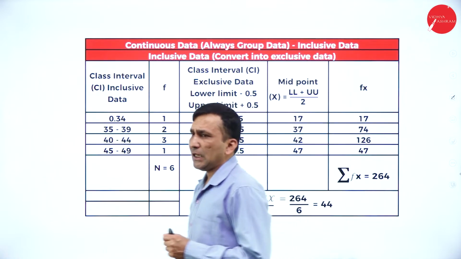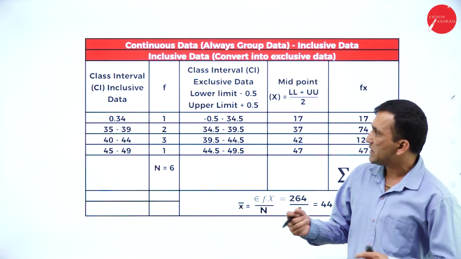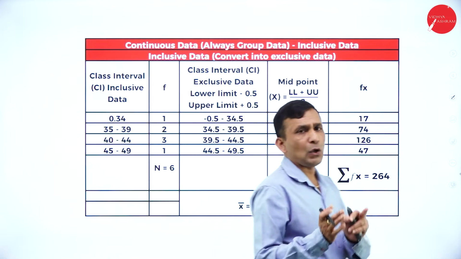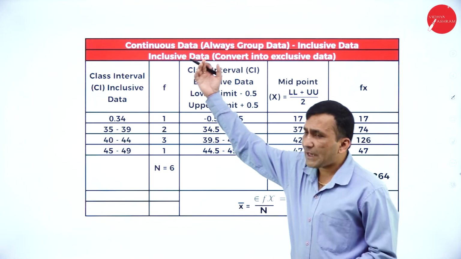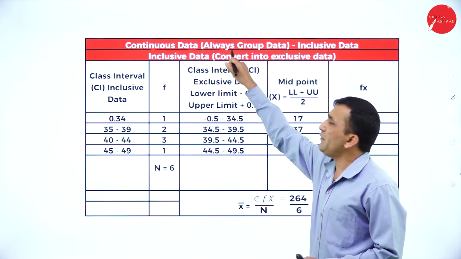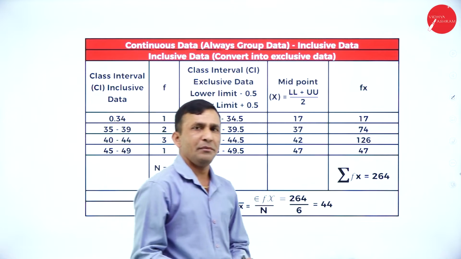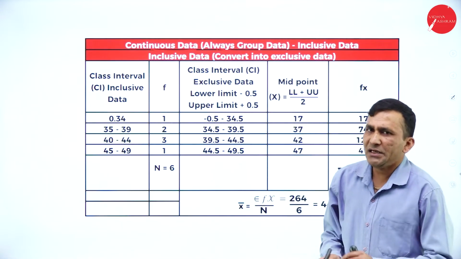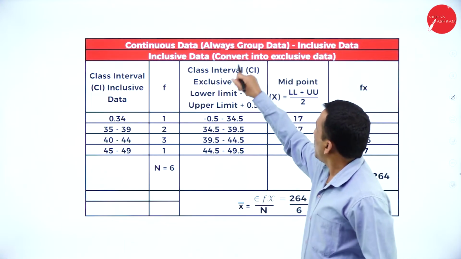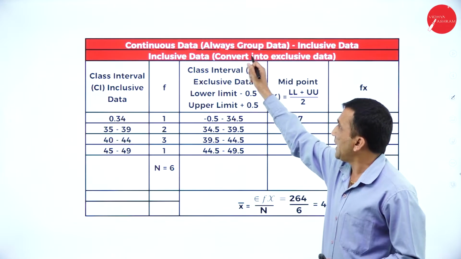So I told you that we classified discrete series into ungrouped data and grouped data. Now the second category of data here is continuous data. Whenever you are doing a continuous series problem, you have to remember that a continuous series always has a frequency. So always treat it as grouped data.